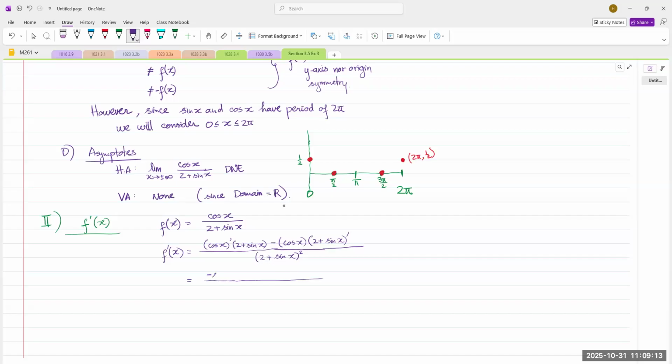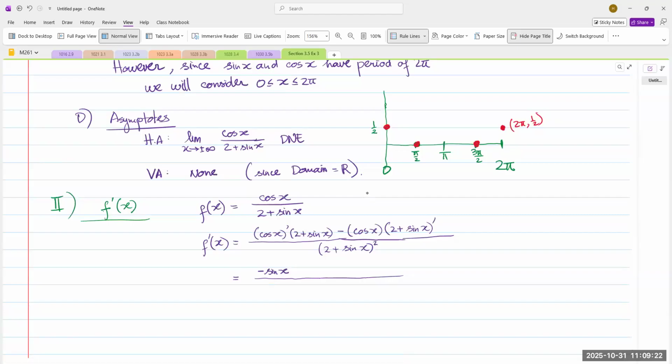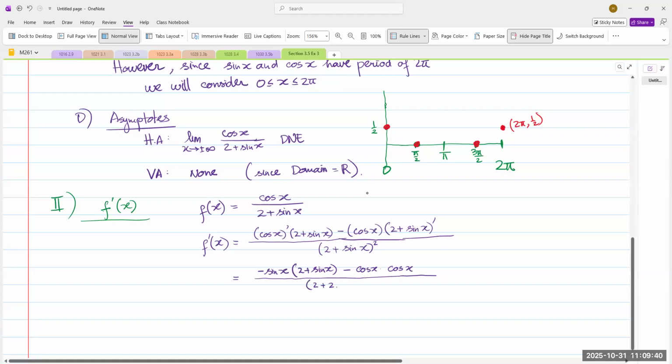So negative sine x for the derivative of cosine x. You know what? Let me enlarge this a little bit so that you can see with me. Then 2 plus sine x, minus cosine x times the derivative of 2 plus sine x, which is another cosine x, over 2 plus sine x being squared.